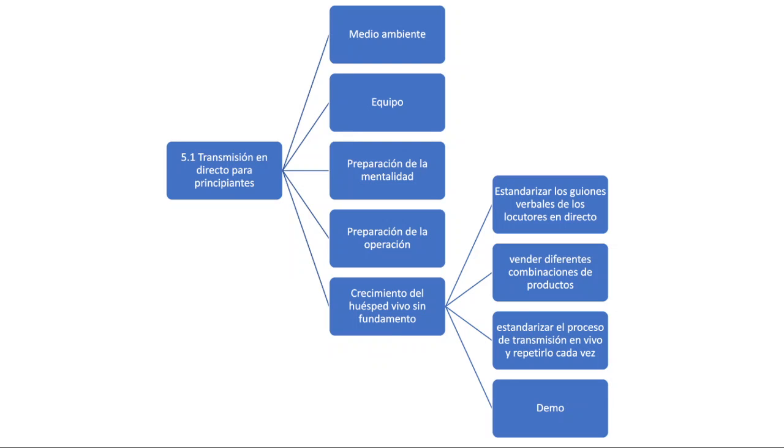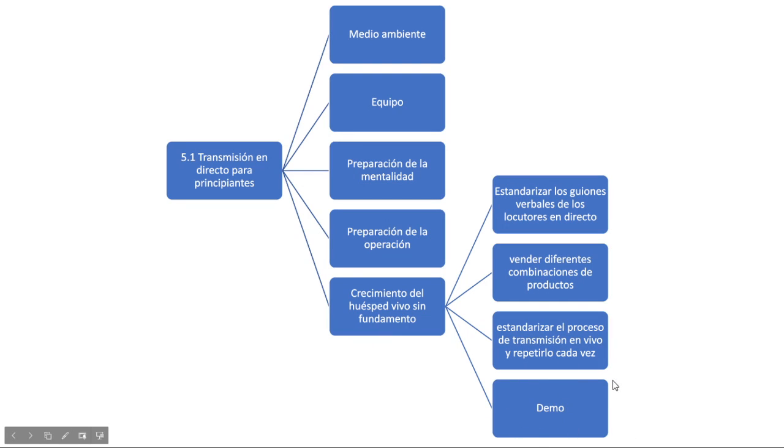So basically, it's a system in place that makes everything systematic. Every time you follow that system, not only will you get better at live streaming, but it's also easier for your audience to anticipate what you're going to talk about.